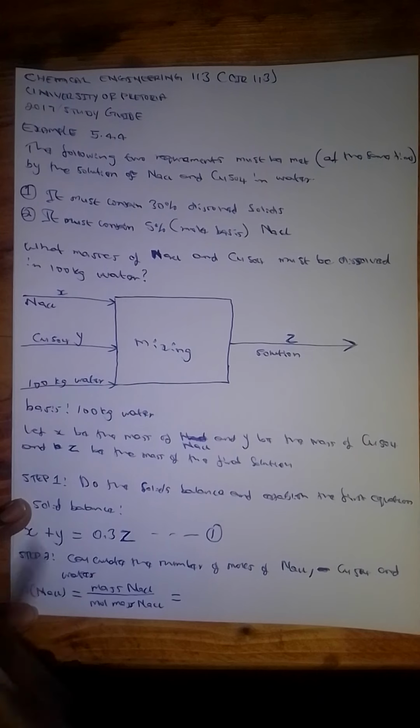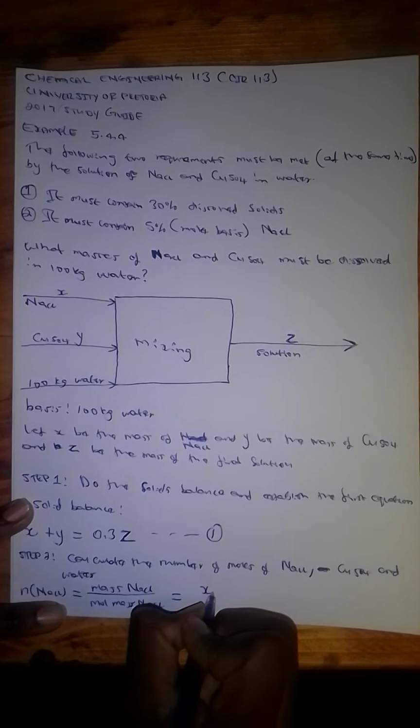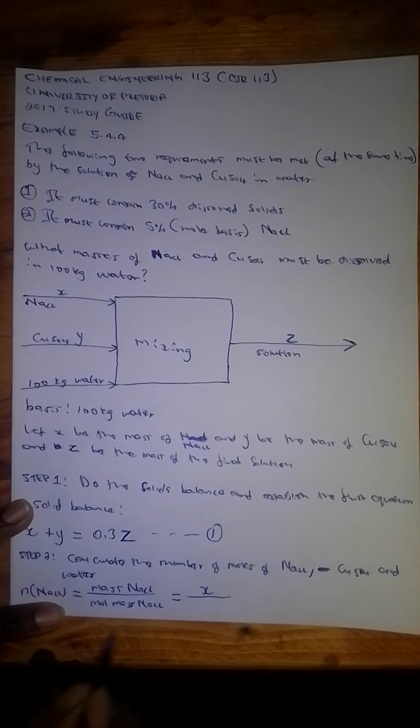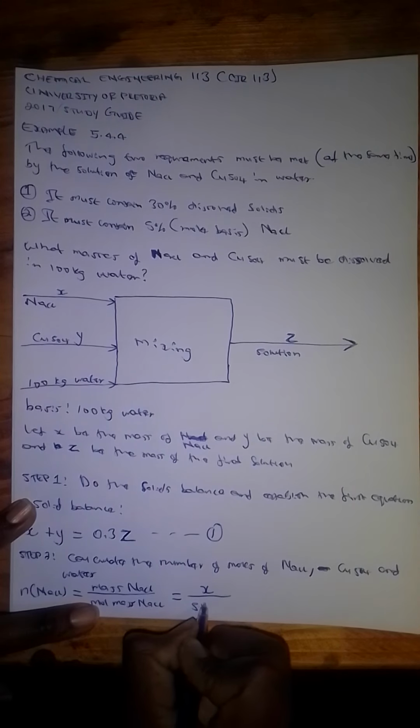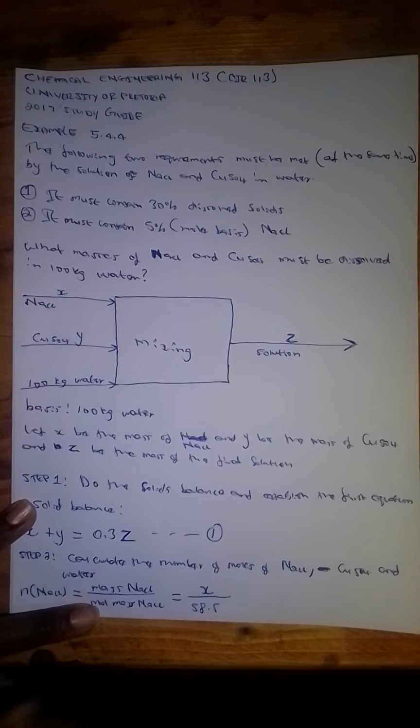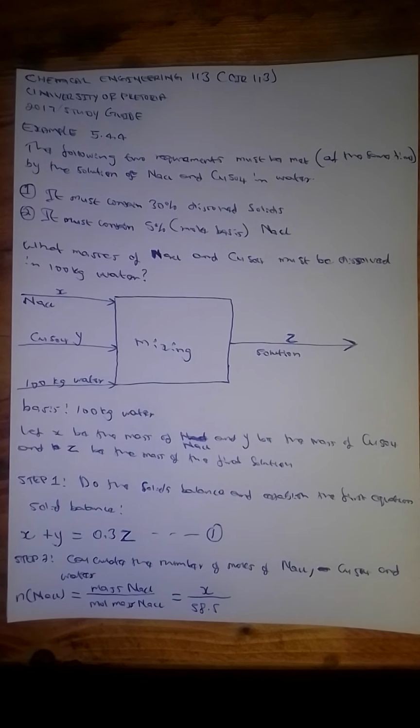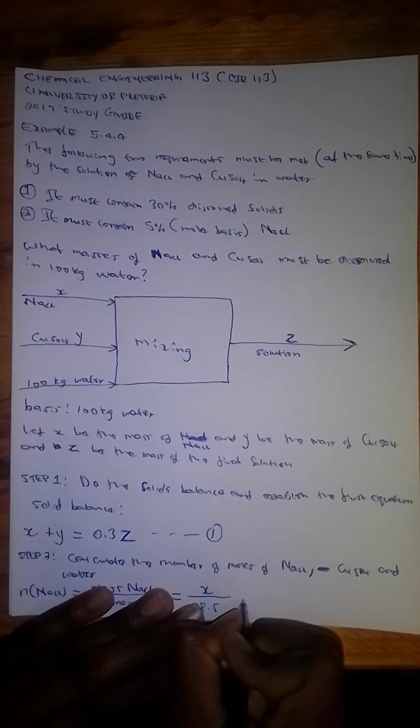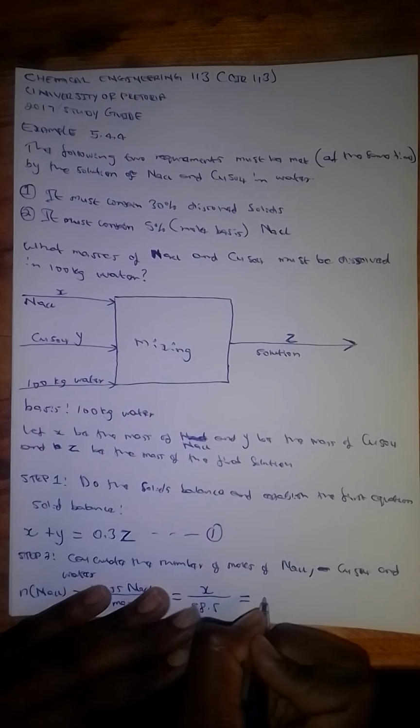And with that said, we know the mass of NaCl is X. It's actually what we're calculating, so we can just leave it as X all over the molar mass of NaCl. If you use the periodic table, you know that is gonna be 58.5. So I'll leave it that way, but it's as usual grams per gram mole, kilomole per kilomole, pound per pound mole. But it doesn't really matter much in this instance, as we're establishing equations.